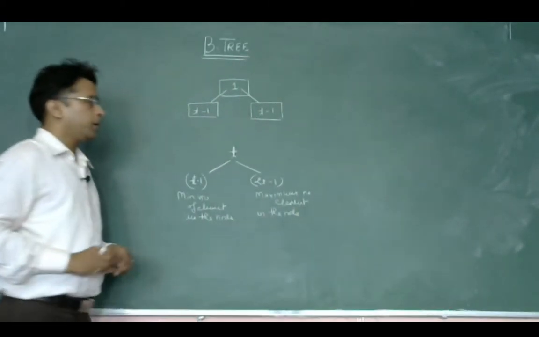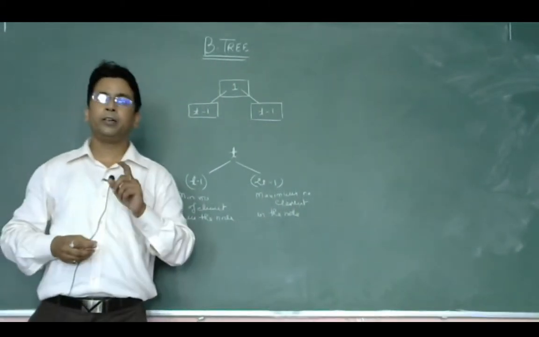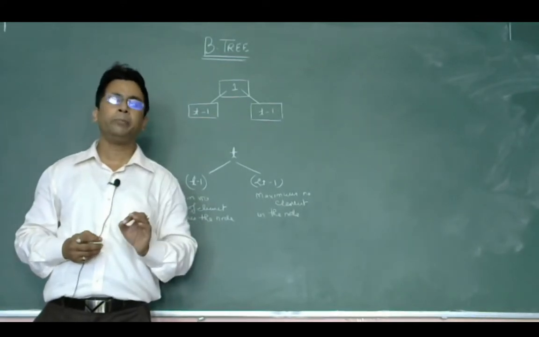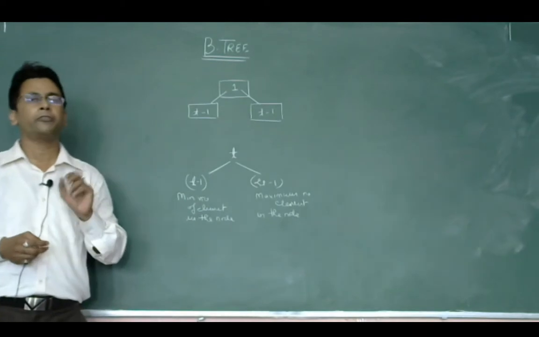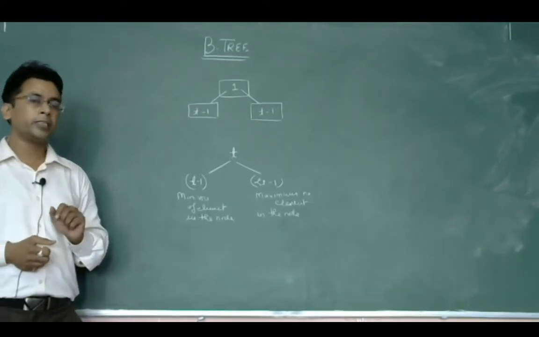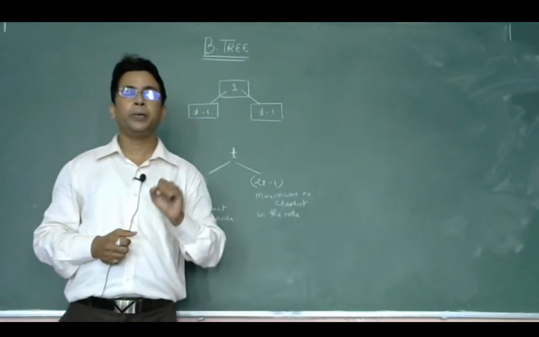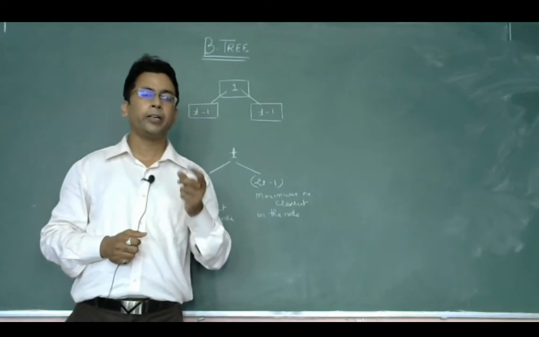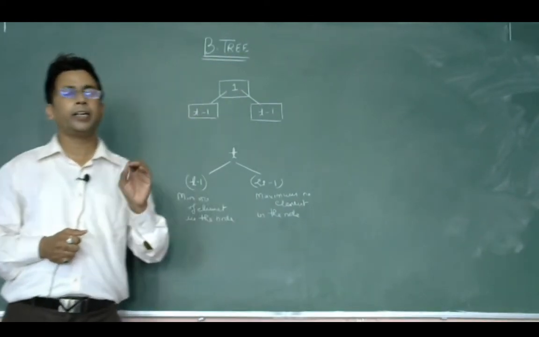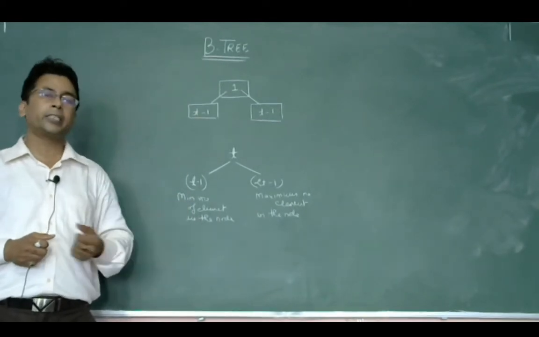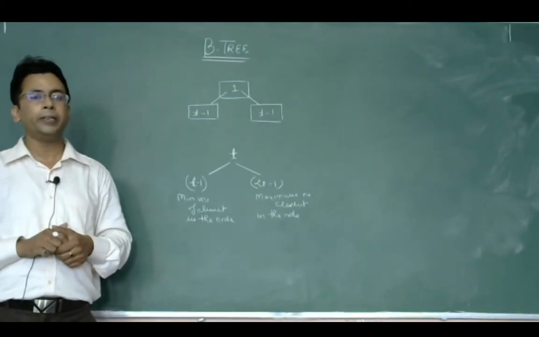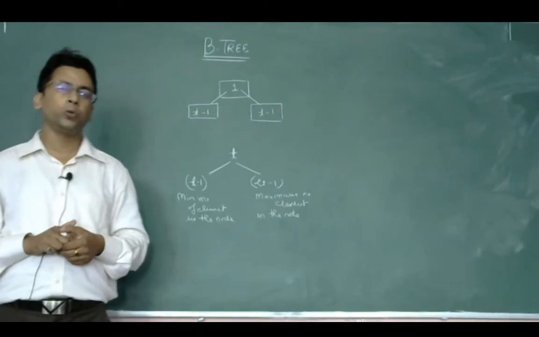Okay, so when we talk about any B tree, we must define what is the degree of that B tree. This is the advantage of the B tree over the binary tree, where the degree is fixed, where the degree value is equal to 2. We can say that the binary tree is a special example of B tree, where degree is equal to 2.